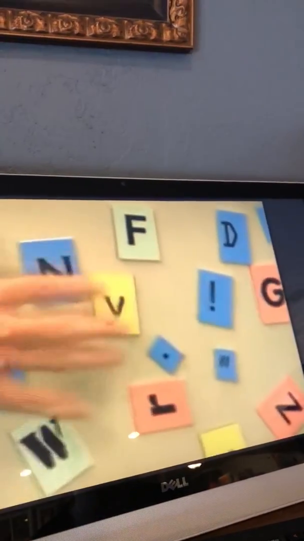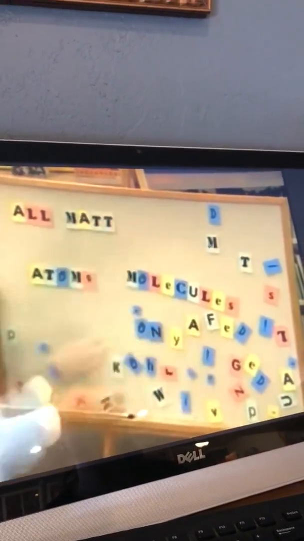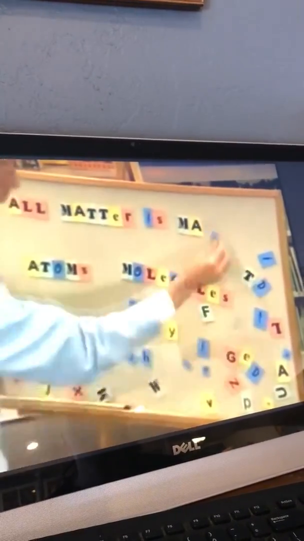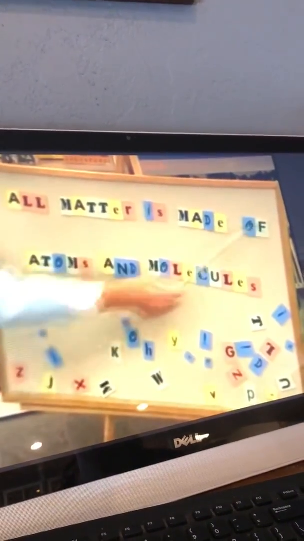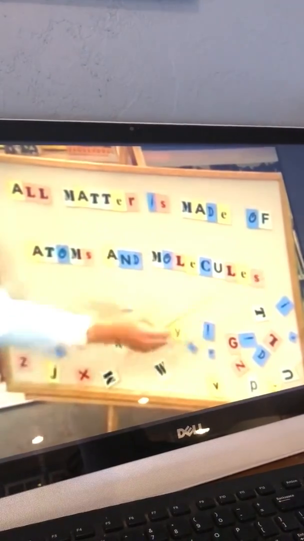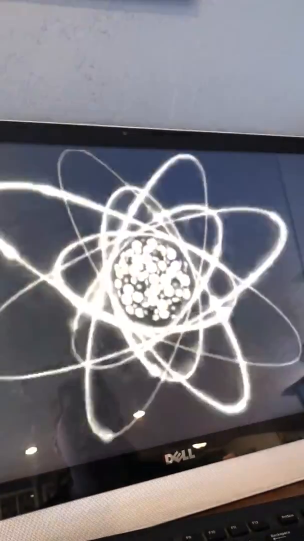Atoms are like letters, and molecules are like words in our universal alphabet. All matter is made of atoms and molecules. Hey, science guy. Even a banana cream pie? Oh yeah, even a banana cream pie.